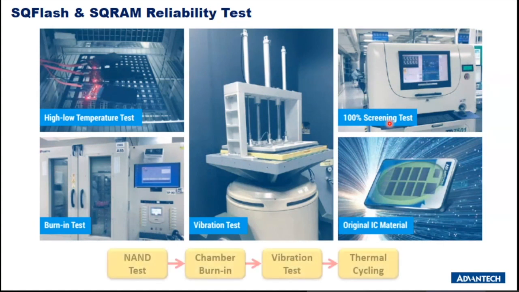So these are the normal procedures. Usually we will go for the NAND test first, then chamber burn-in, then the vibration test. This is the vibration test bed in our factory. And finally, we go to the thermal cycling test, which is the high-low temperature test.